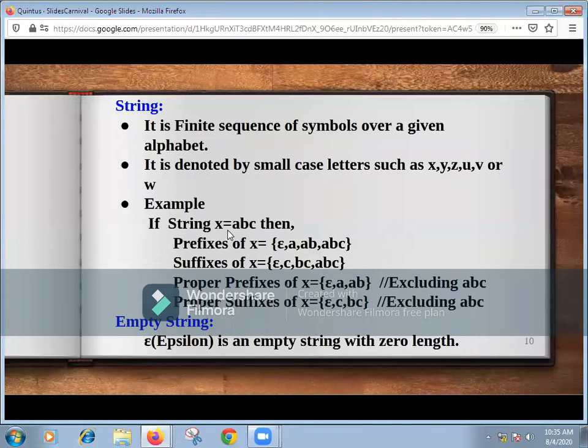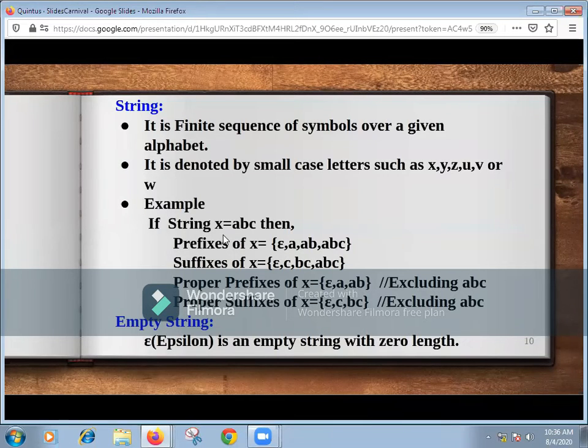If string X equals ABC, and we have to find prefixes of X, then prefixes of X means what? There will be epsilon. This symbol denotes nothing in the string, or it is the empty string.